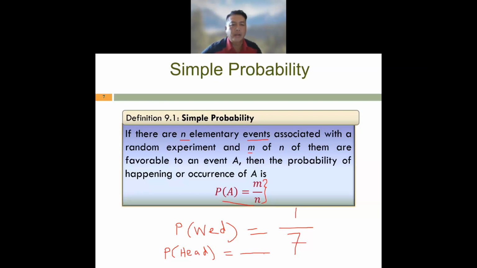How many possibilities do we have for the coin, head and tail? So 1/2.